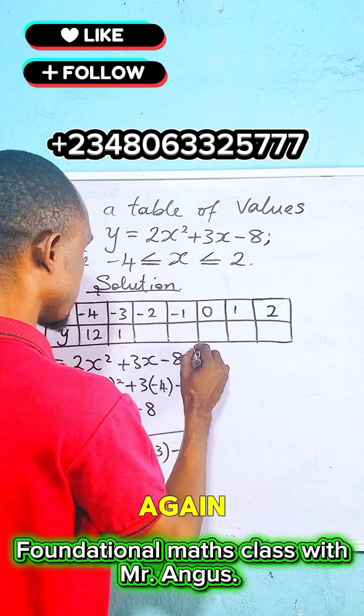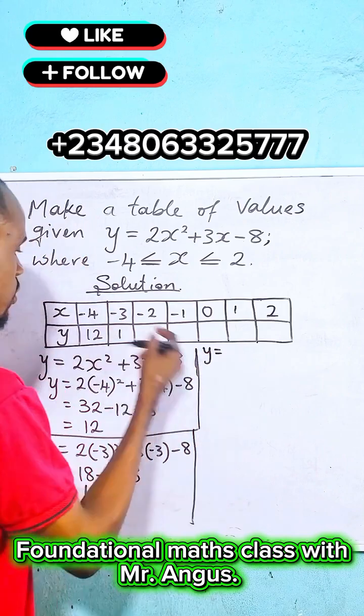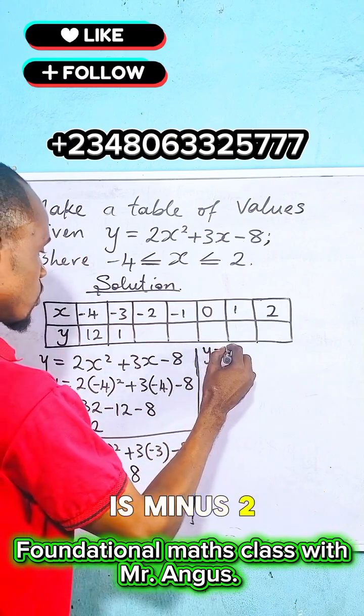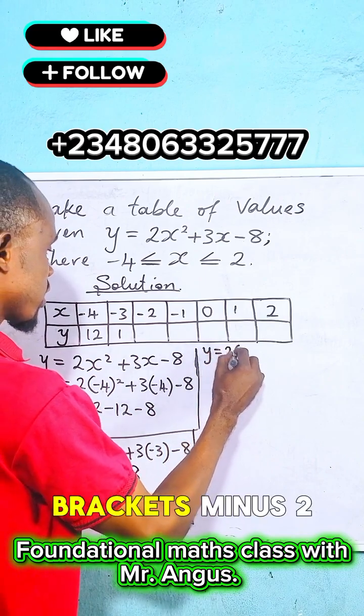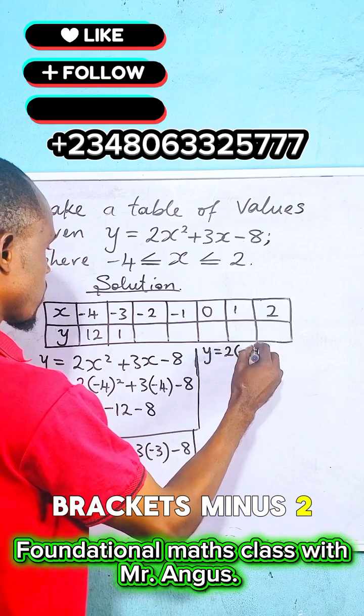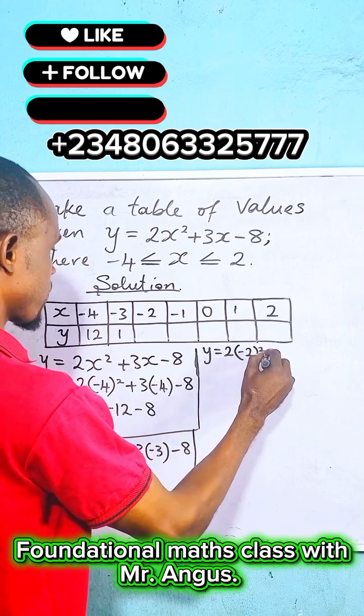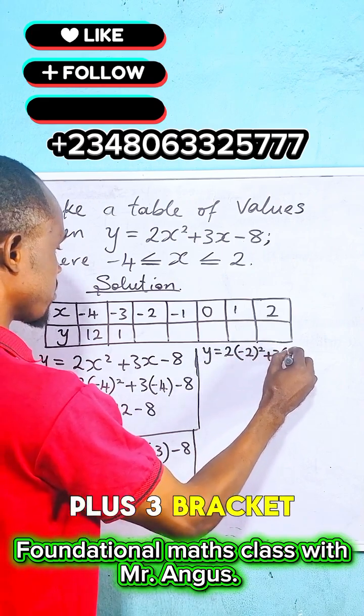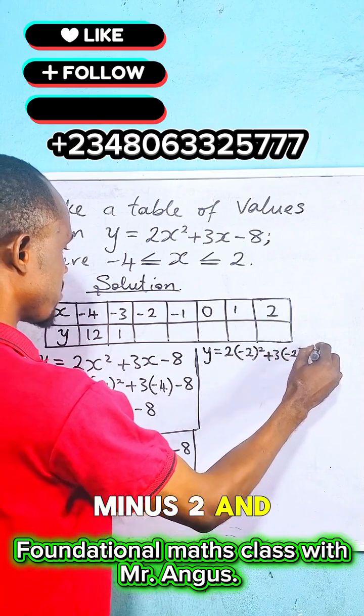We'll have this again when the value is minus 2. We'll have 2 brackets minus 2 all squared plus 3 brackets minus 2 and minus 8.